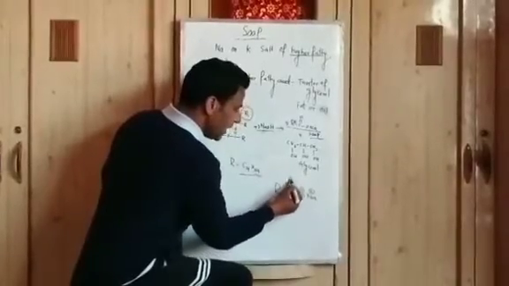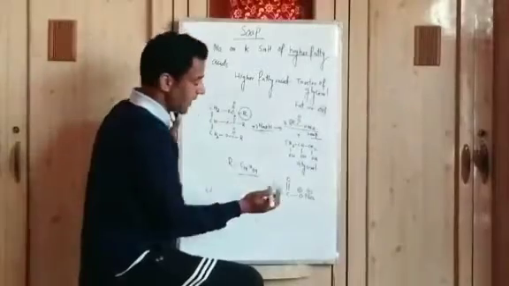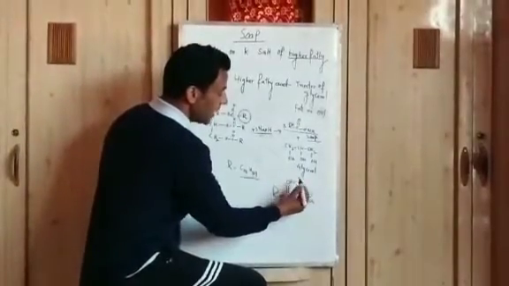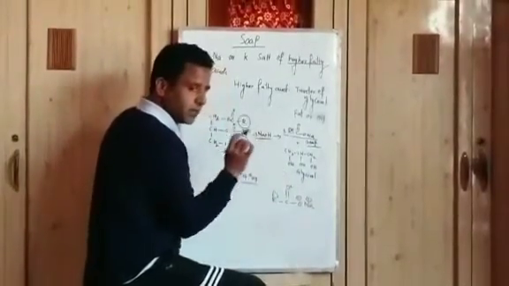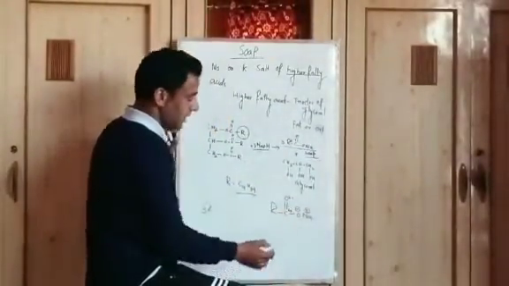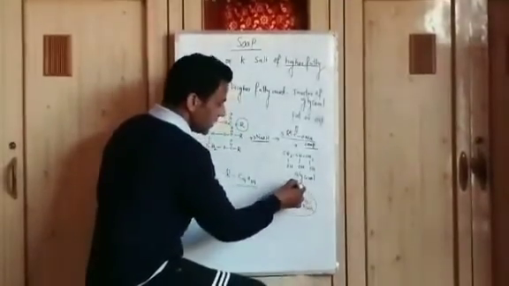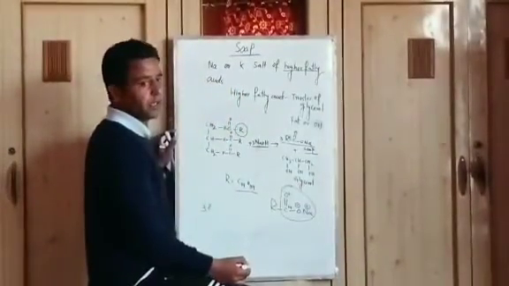Due to the difference in electronegativities, carbon acquires a small positive charge and oxygen acquires a small negative charge. Thus this portion becomes polar in nature.